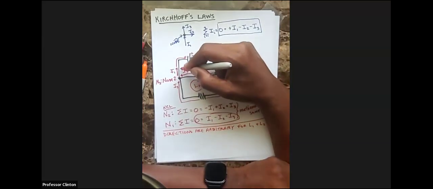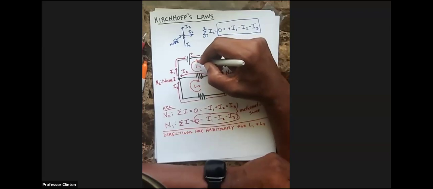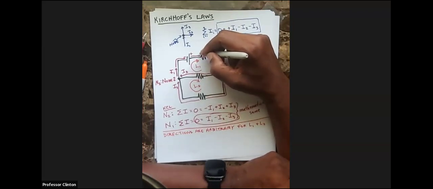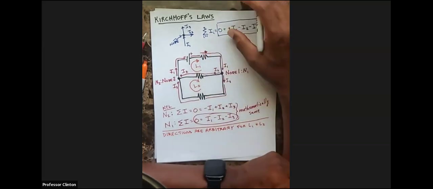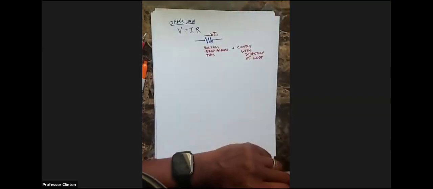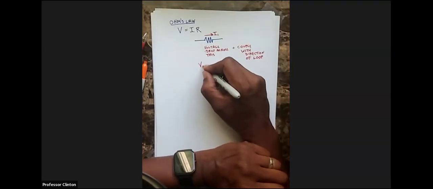Let's pretend that we've gone across this battery. The battery's a little bit easier. We have a current that's moving to the right because we chose it that way arbitrarily. So there's going to be a voltage drop. How much is the voltage drop? We'll call it V1.